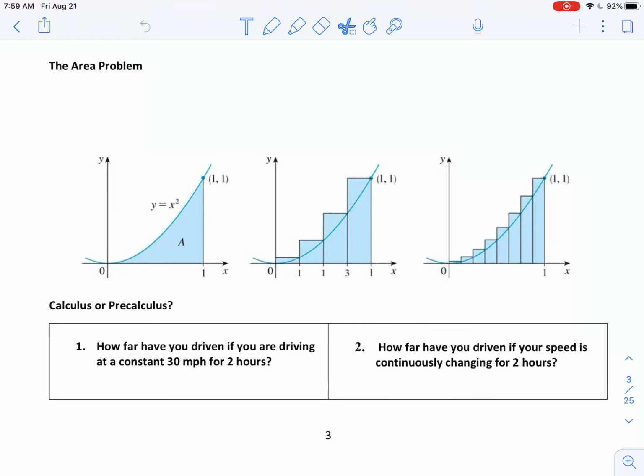Well, that's just distance equals rate times time, so that would just be pre-calculus, or even just algebra. However, how far have you driven if your speed is continuously changing for 2 hours? That's a situation in which we'd need calculus to figure it out.